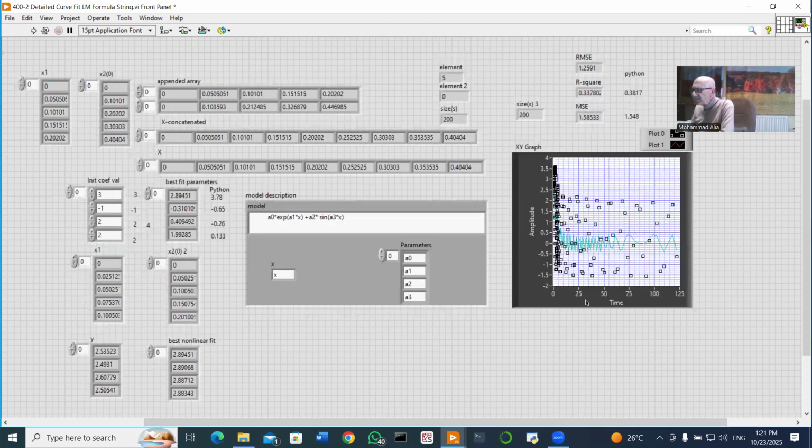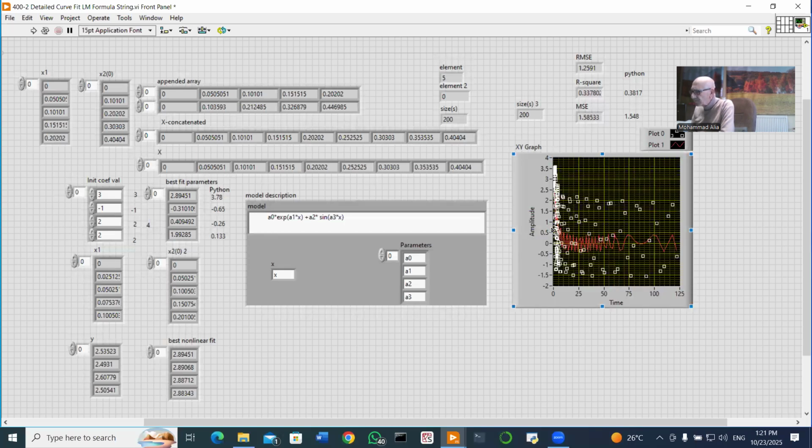So the XY graph here includes two data sets. The data set with points, which represents the synthetic data set with noise, and the data set at the output, which represents the optimized values or the best fit values of the regression function.